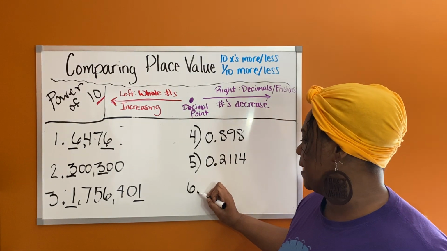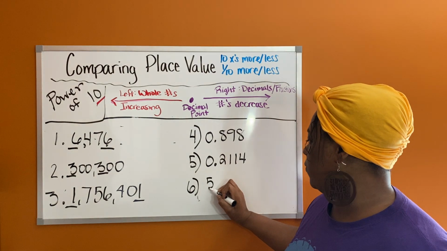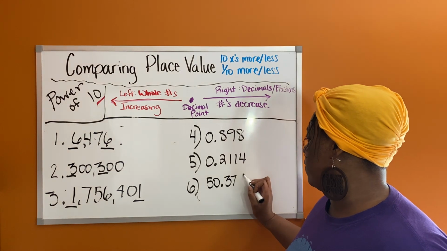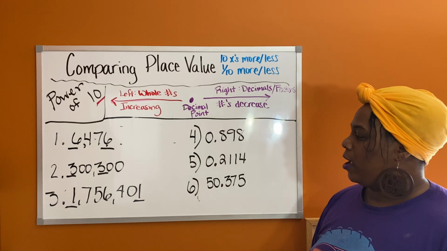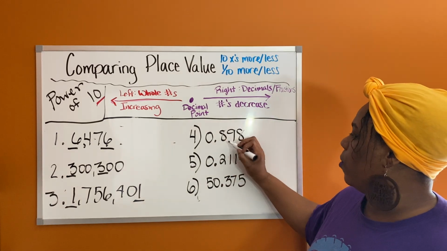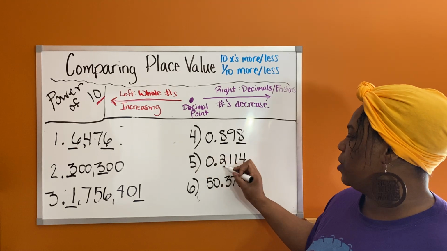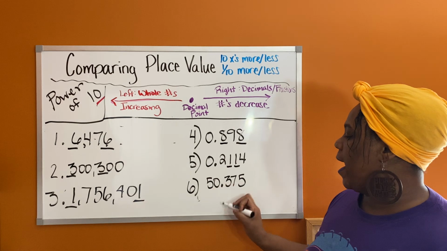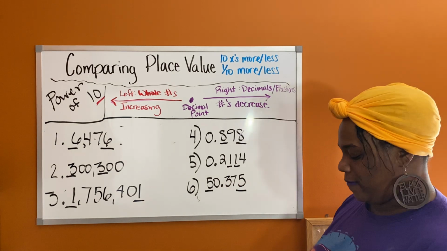And 6 is a combination. And that's 50.375. All right. Oh, sorry. For number 4, 0.898, you are comparing your 8s. For 5, 0.2114, comparing the 1s. And 6, 50.375, you're comparing your 5s.